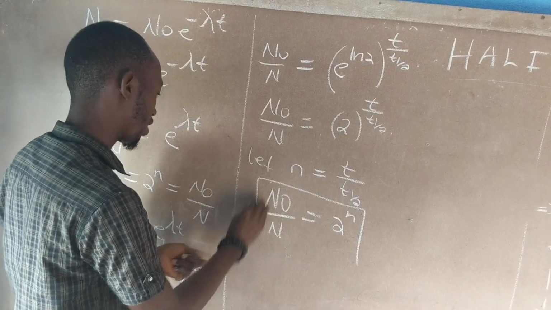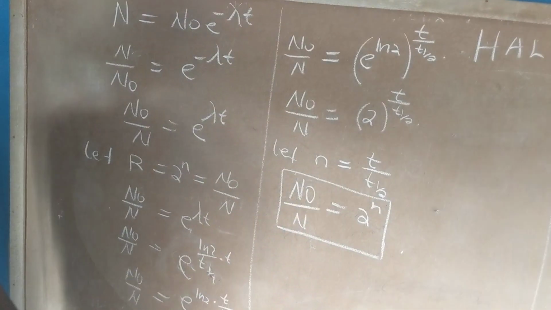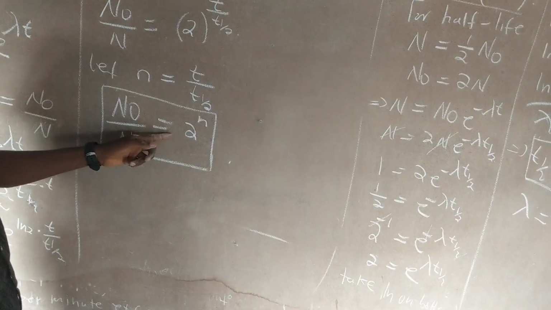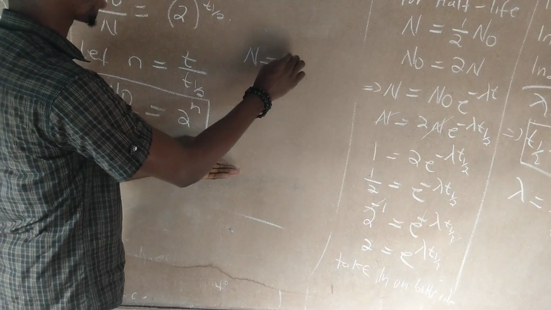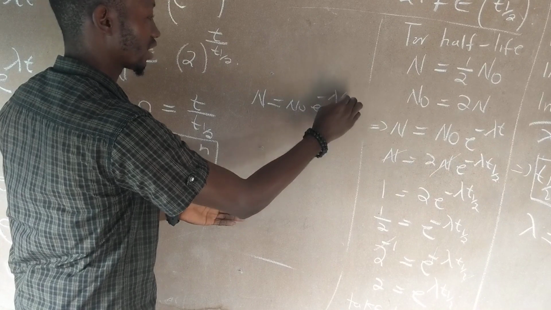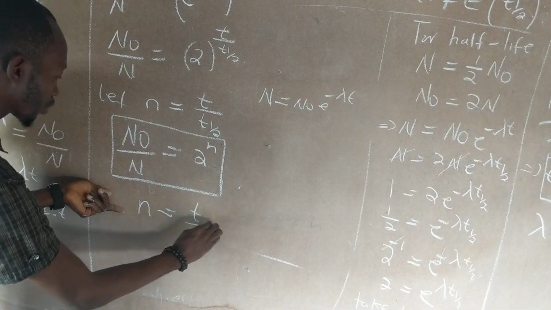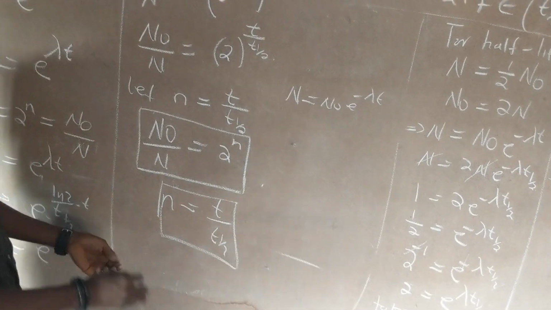This is again another formula you have to capture. So the formulas I want you to capture: the first one, which I have cleared, wherein you have N equals N0 e to the power minus lambda t, and this one again must also be captured. I want you to capture these formulas.